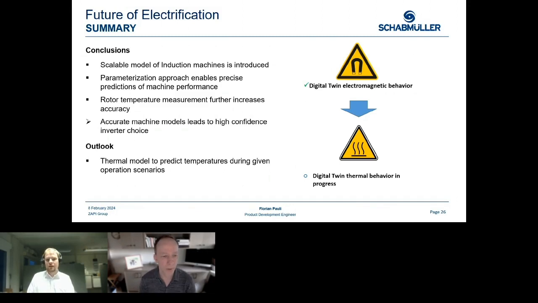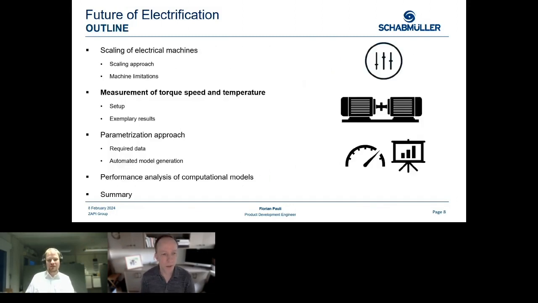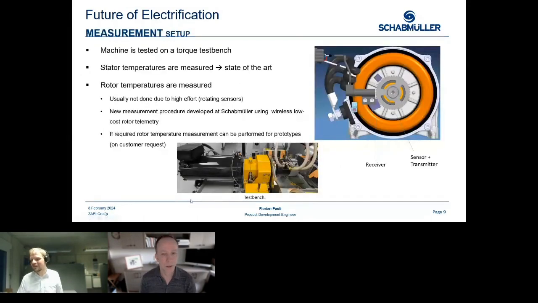So it's not the right slide, but this is. We have developed this procedure because, as I've shown in the presentation, the rotor temperature is not constantly linked to the stator temperature.